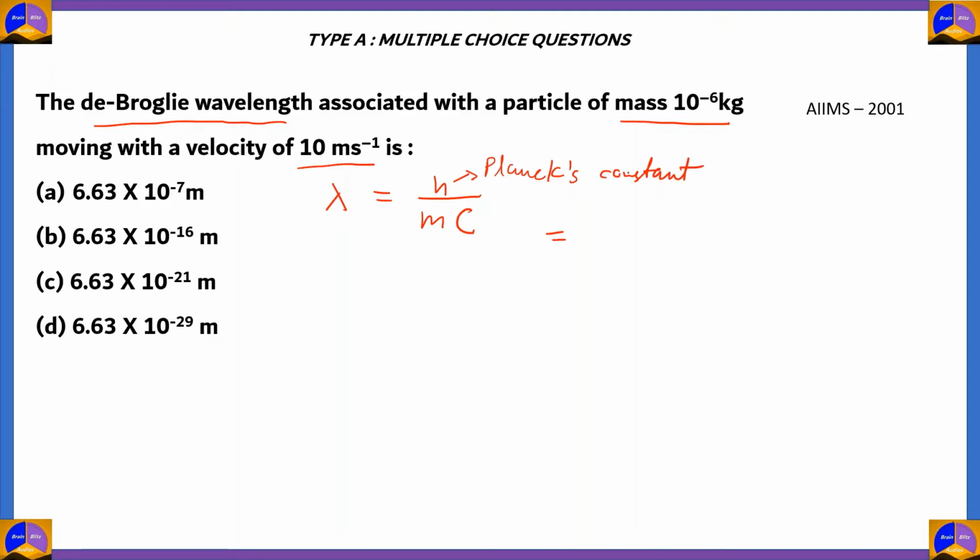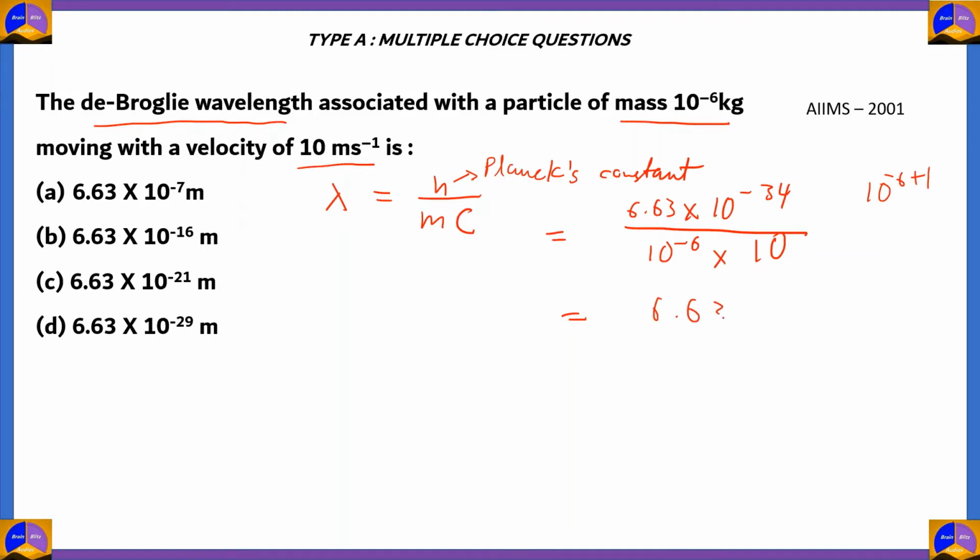On putting the values, Planck's constant has a value of 6.63 into 10 raised to minus 34 divided by the mass, 10 raised to minus 6, into the velocity here, 10. So now, upon looking at the denominator, we find that it is in the form 10 raised to minus 6 plus 1.